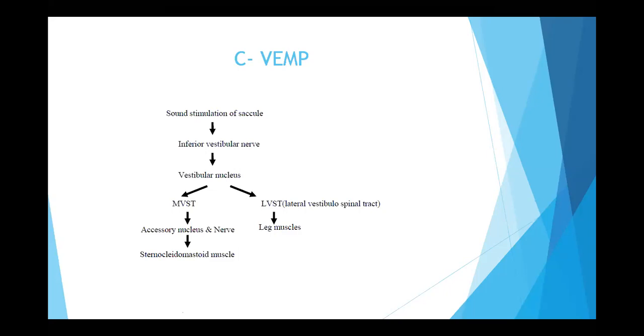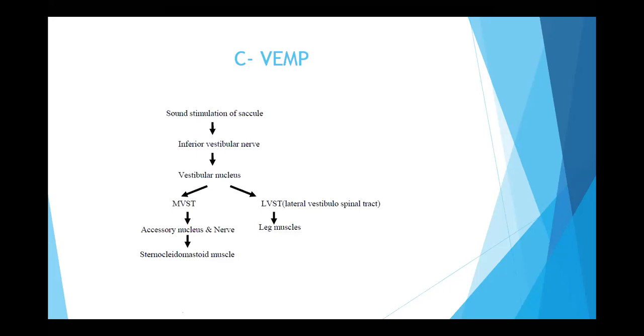Among those, the saccule is giving its output through the inferior vestibular nerve. From the inferior vestibular nerve, it goes to the vestibular nucleus, and from there it sends signals to the spinal tract. These are called the MVST and LVST, the medial vestibulospinal tract and lateral vestibulospinal tract.